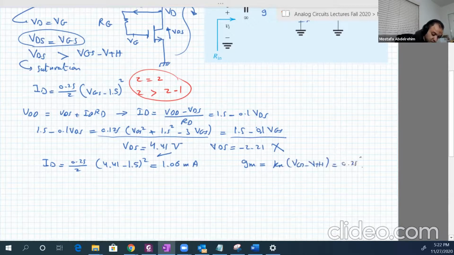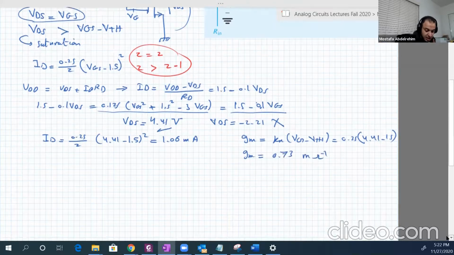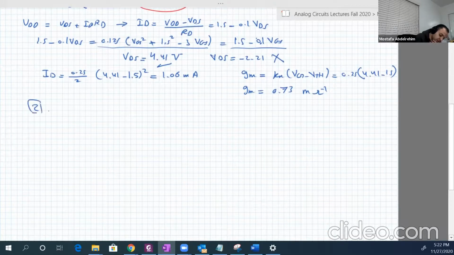So this is 0.25 times 4.41 minus 1.5. So gm will be equal to 0.73 milli ohm to the minus 1. Good. So now the AC part, part number 2, the AC analysis.